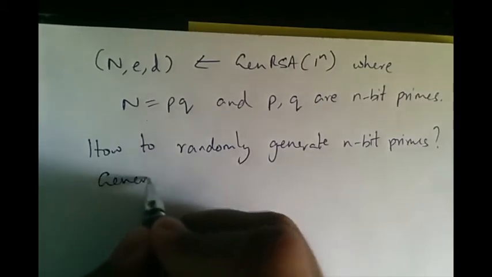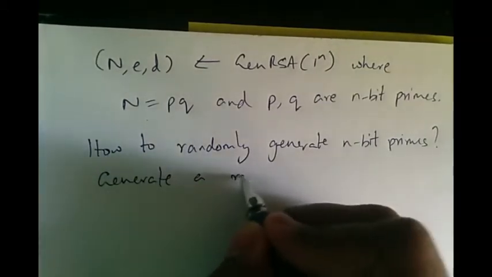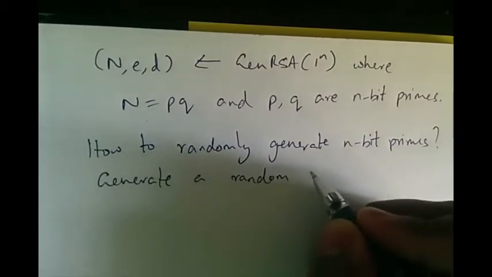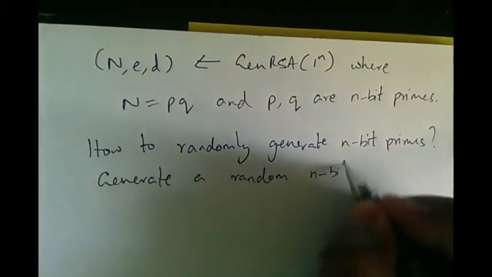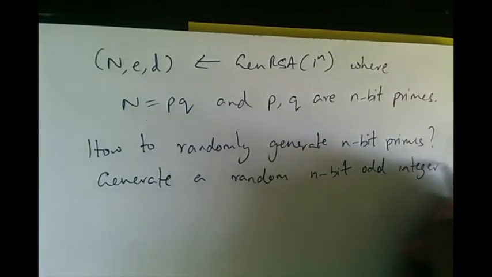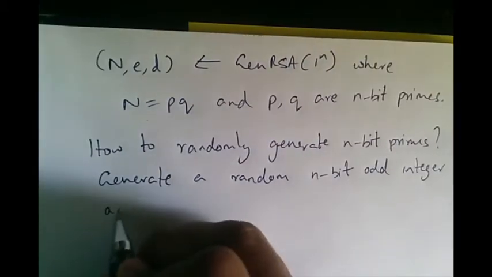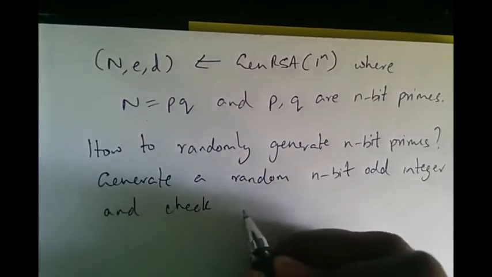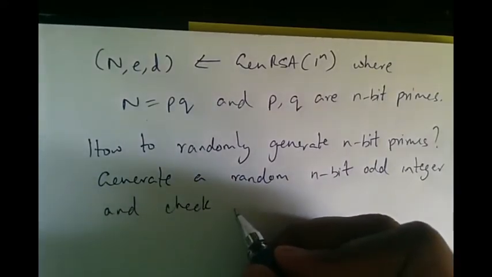So what you need to do is generate a random n-bit odd integer and check whether it is a prime.